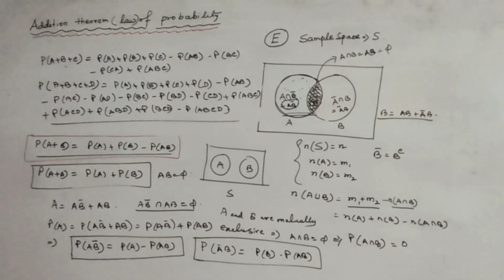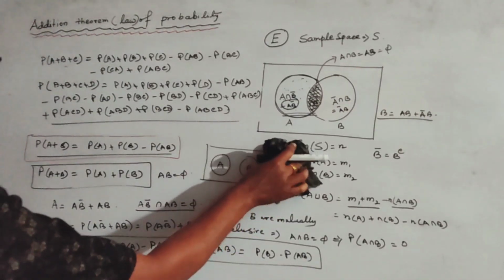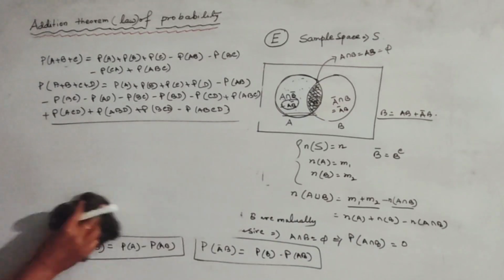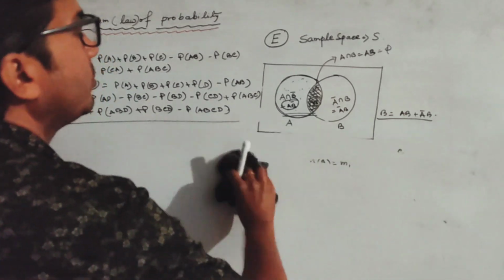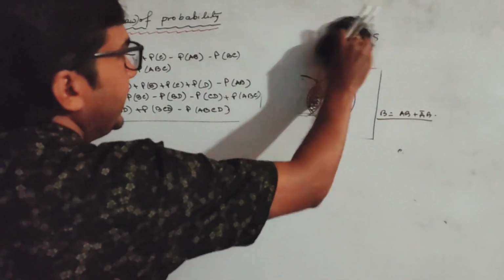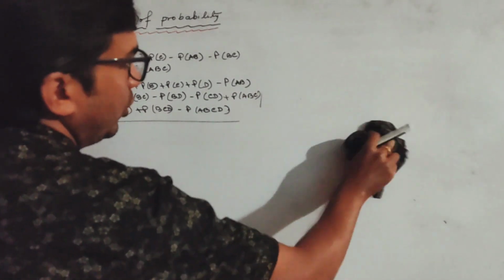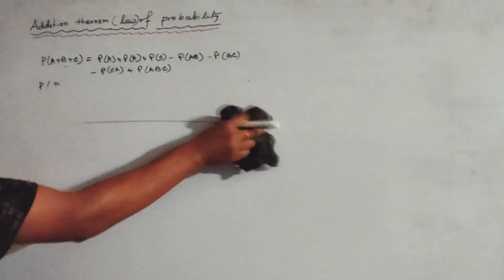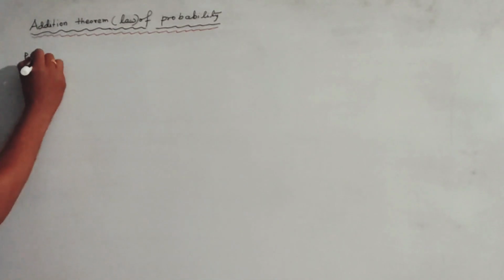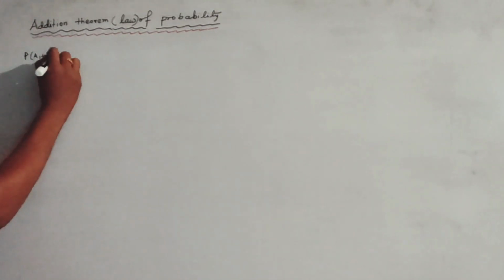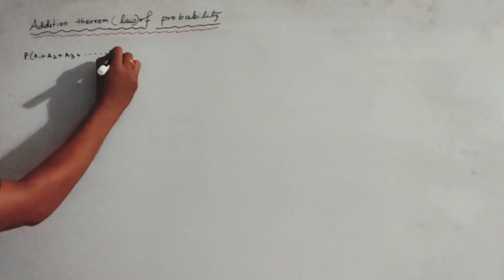And similarly, if we write the result of the addition theorem of probability for any number of events, say n events, then we get P of A1 plus A2 plus A3 plus up to AN.